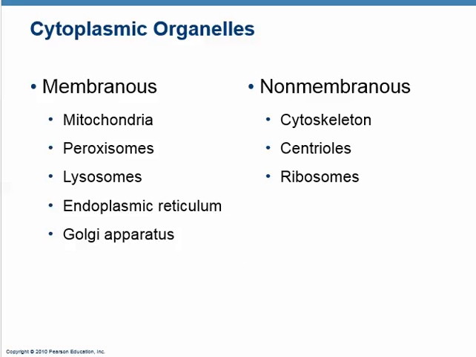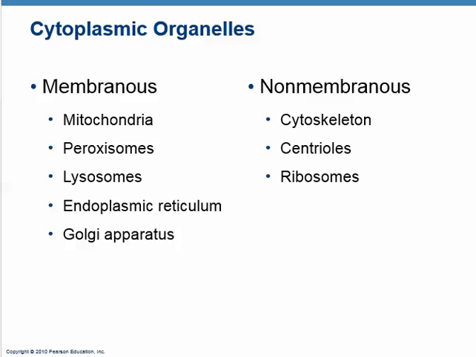So there are various organelles. Here's a list. It's not an absolutely complete list, but it's a pretty comprehensive list. The organelles can be found as membranous organelles or non-membranous organelles. The membranous organelles are made up of lipid bilayers, much like the plasma membrane.